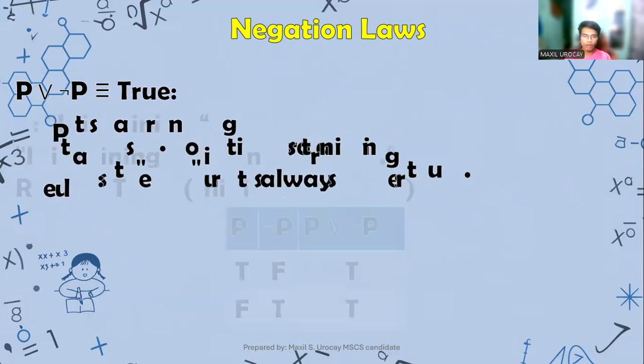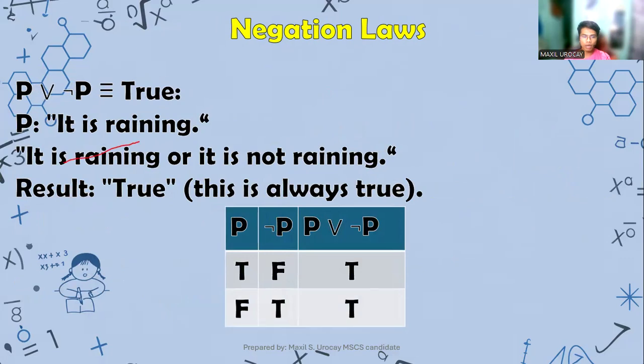Meaning, for example, it is raining or it is not raining, the statement will always be true. So say, for example, P, we will compare that with the true statement to see if it is equivalent. So P and you have the not P also.